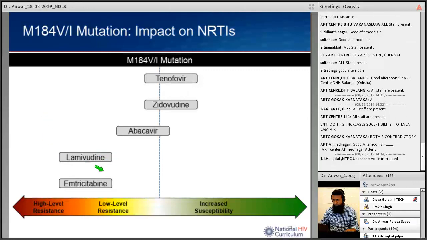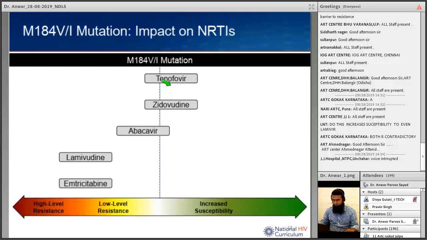Now, using lamivudine in the second line is not actually doing any harm to the virus in the patient in whom we are giving second line, but the presence of lamivudine actually maintains this mutation 184V, which in turn increases susceptibility of zidovudine and tenofovir.